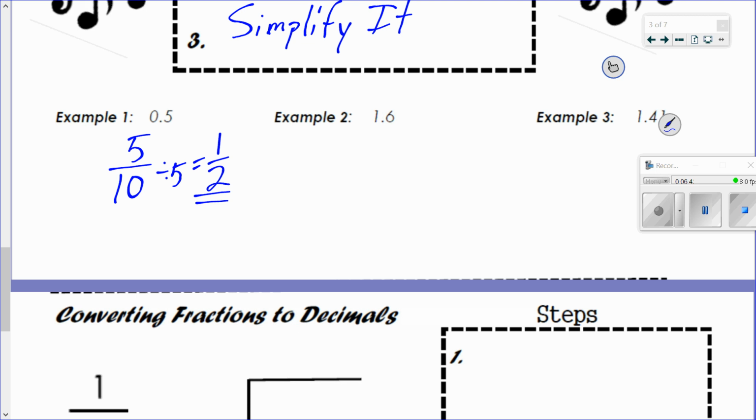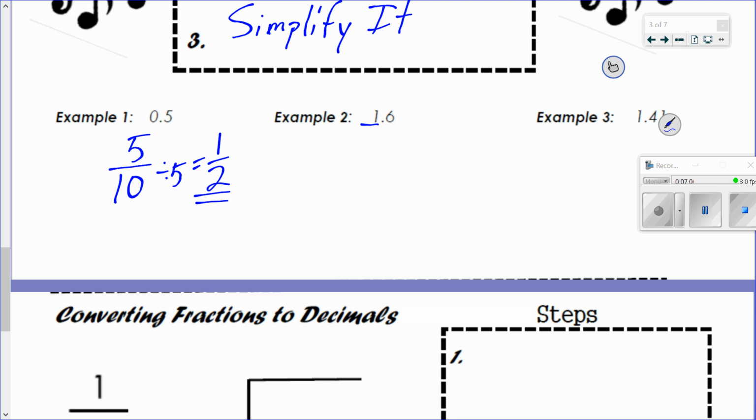Now let's try our next one. I'll give you a little heads up, guys. If I have something in the whole number piece, do I really need to worry about that? Nope, I don't. So let's go ahead. Who thinks I can say this one? 1 and 6/10. Good. So what we're going to do is focus on the decimal piece.